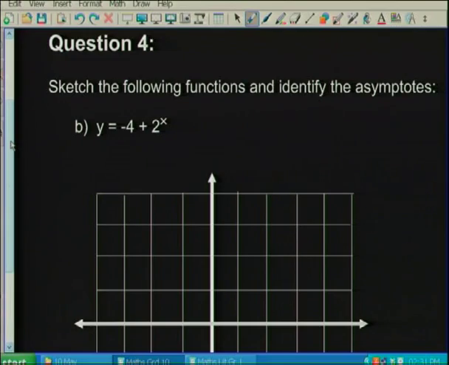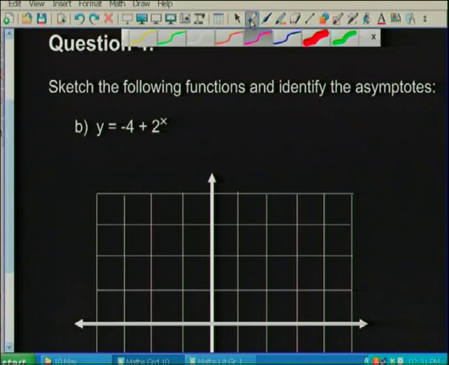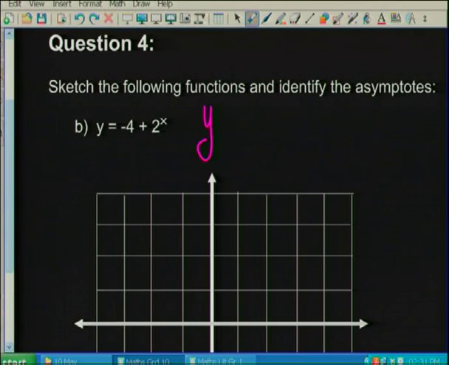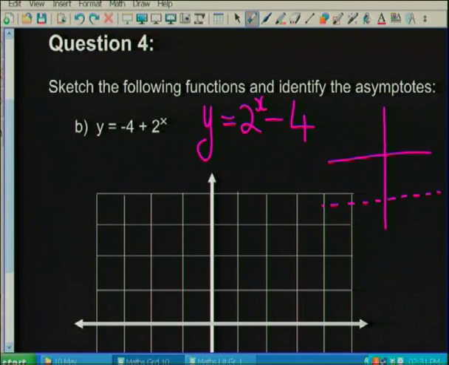Our next example is y is equal to minus 4 plus 2 to the power x. Now, what I'm going to do immediately is just rewrite it in a form that's more comfortable for me. y is equal to 2 to the power x minus 4. So what am I expecting? My asymptote will be below the x-axis, and it will be at minus 4.